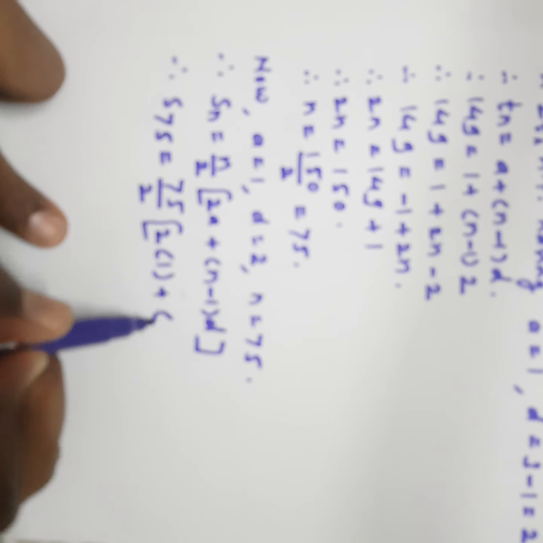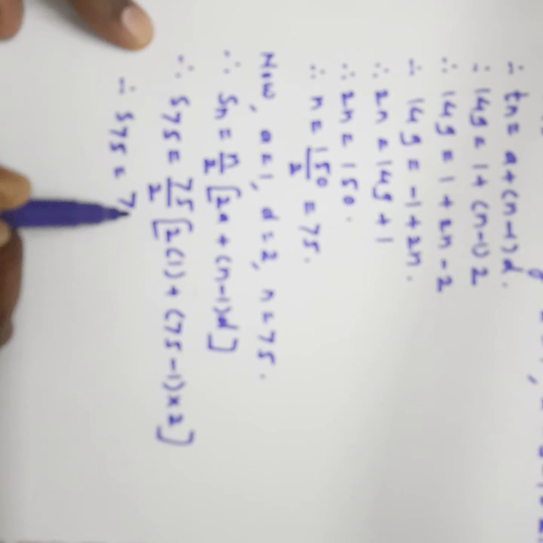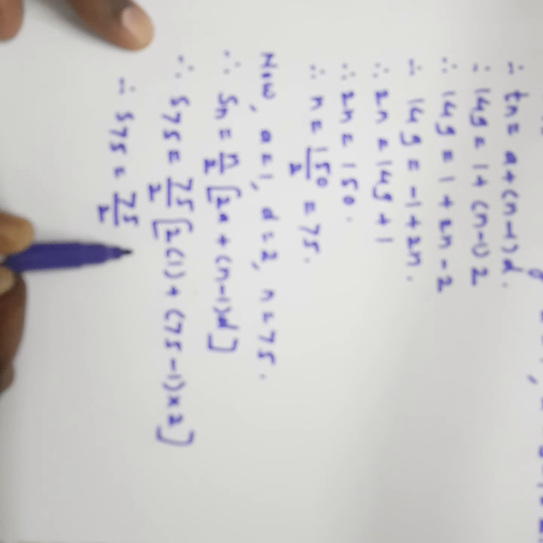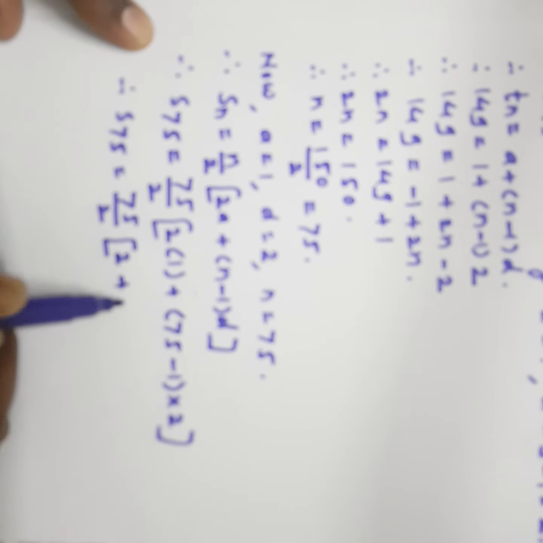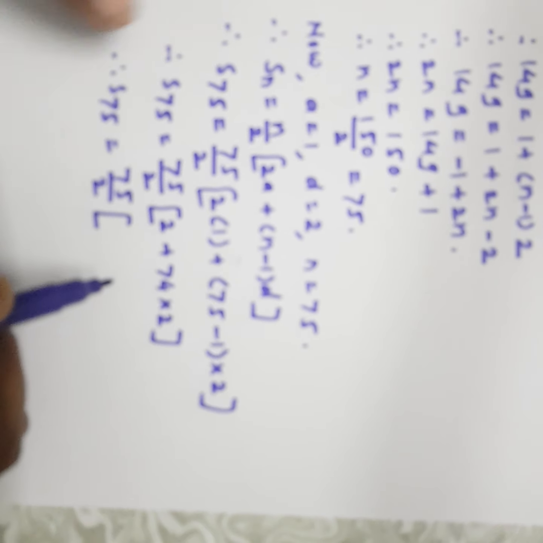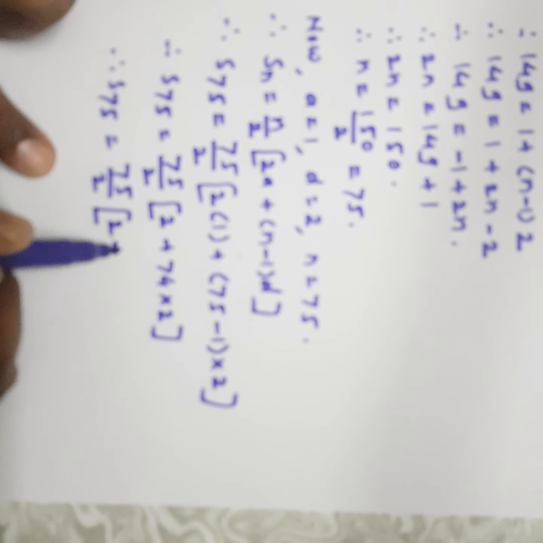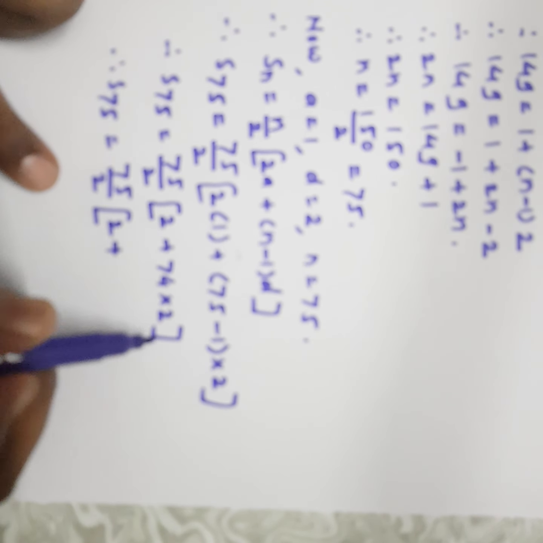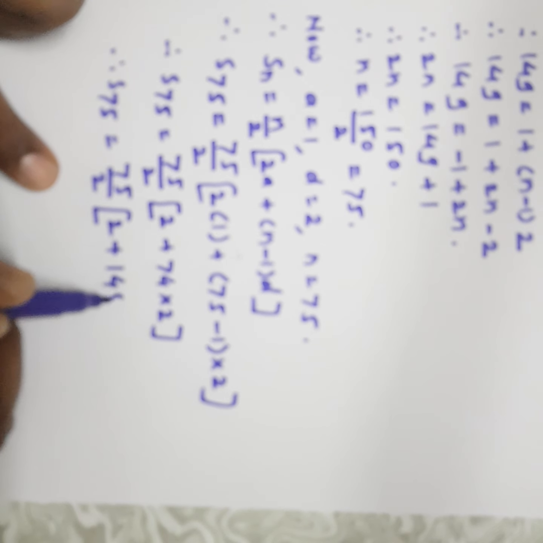Therefore S75 is equal to 75 upon 2. We will solve this bracket: 2 plus 74 into 2, that is 148.